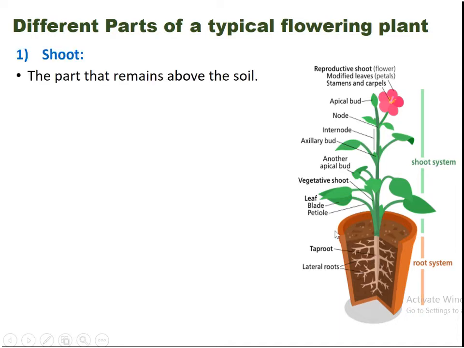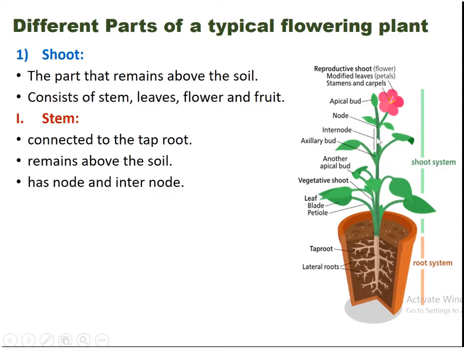The plant part that remains above the soil is called the shoot. It consists of the stem, here the middle thick long region, and the leaves, and fruit, and flower.